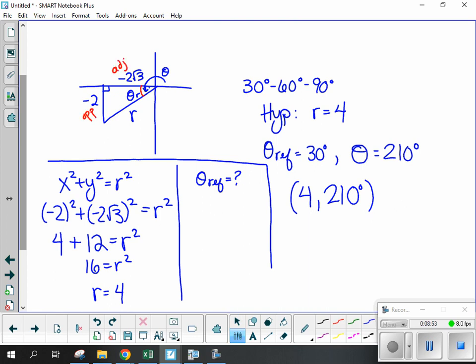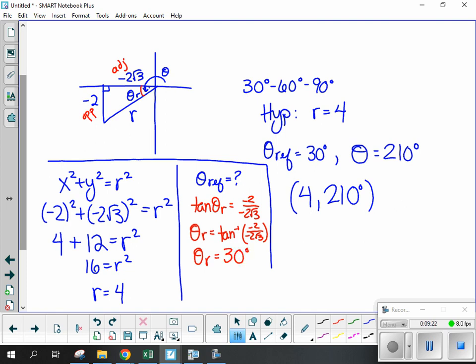This is my adjacent. I'm going to use -2 over -2 root 3, and then we'll really let the calculator do the work for us for this one. So the reference angle would be equal to inverse tangent of that ratio. You could lose the negative signs here if you wanted. So the reference angle is 30 degrees.